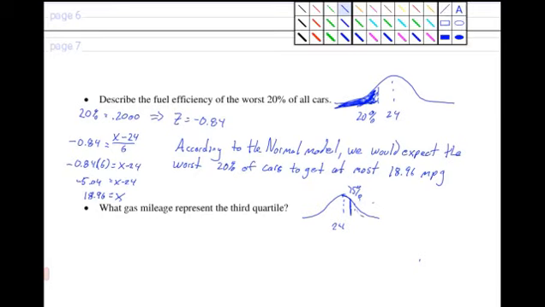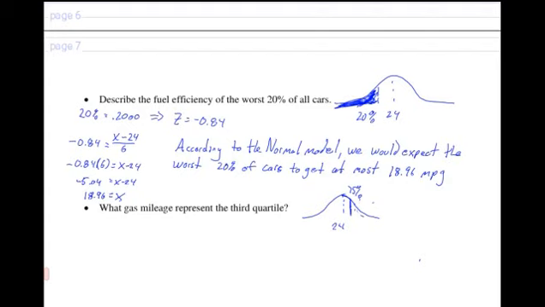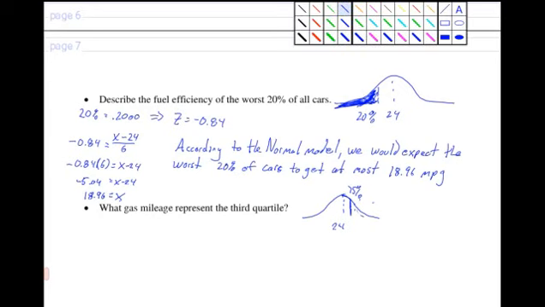Okay, so 75% is the third quartile. 0.75 is 75%, which comes out to be negative 0.67.